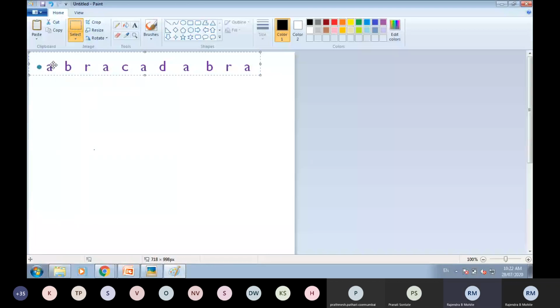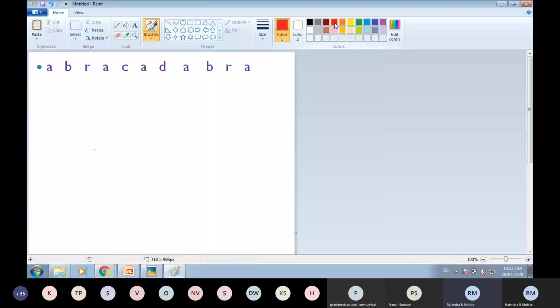So this is the message given to you, abracadabra. As I already said, in a diagram coder you have to make groups of 2. How does the procedure take place for the grouping of 2?